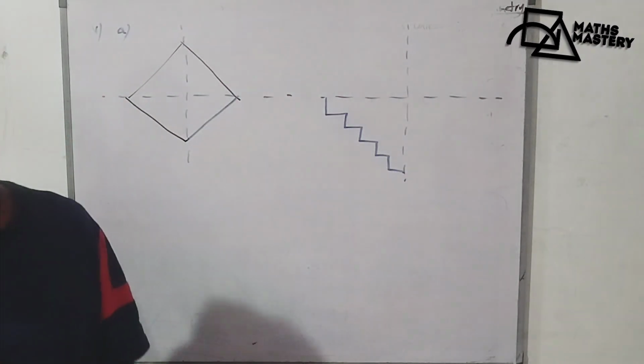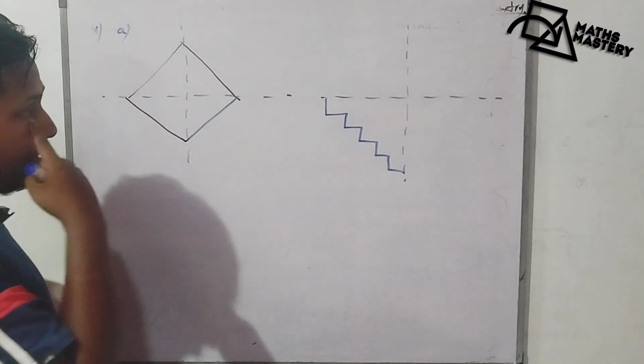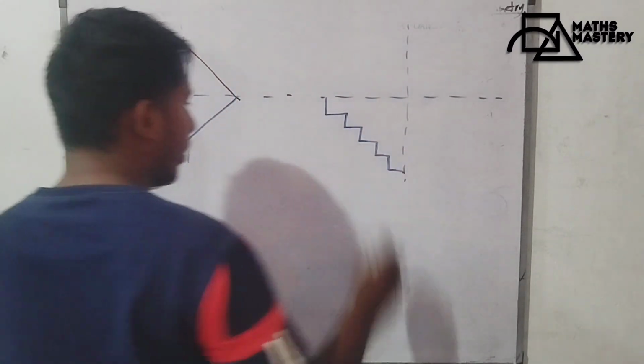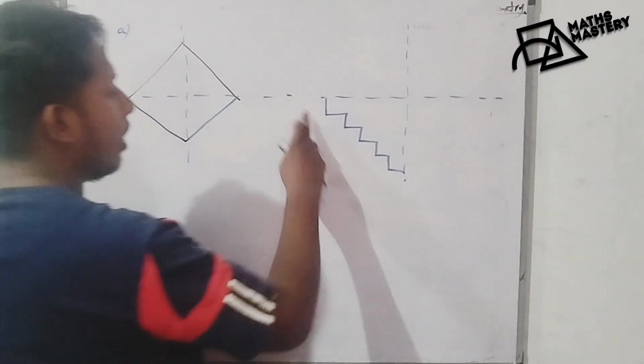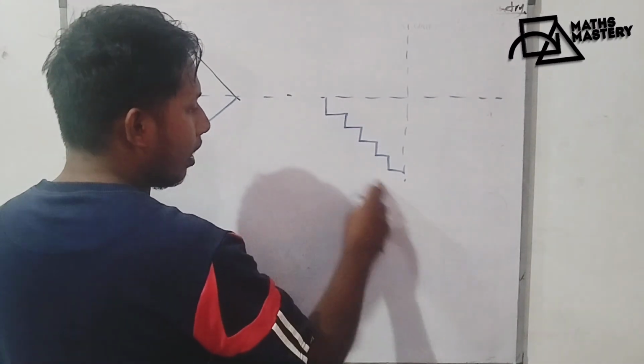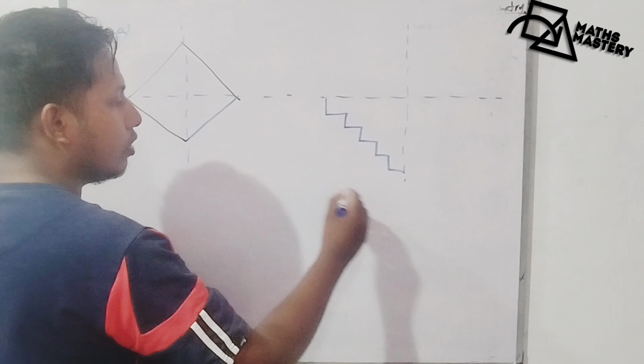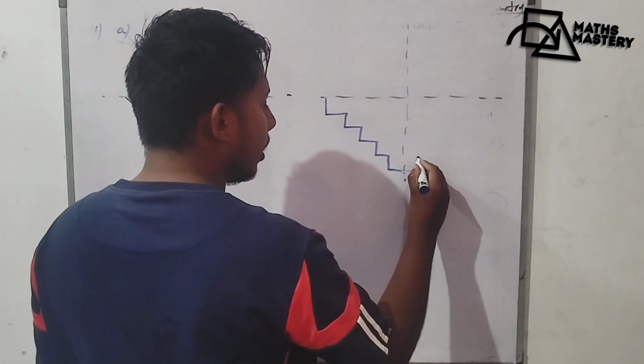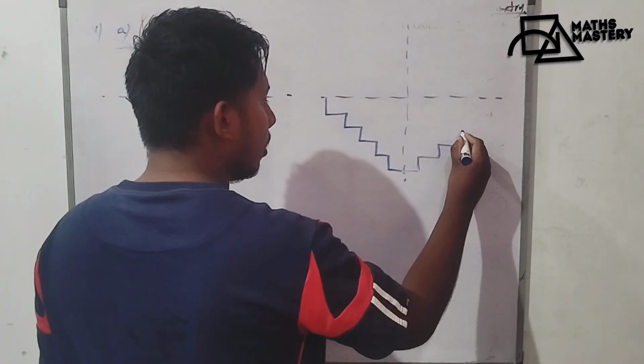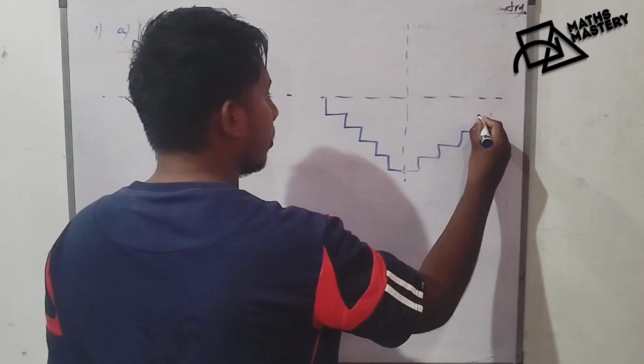Okay, so this is a figure that they have given, and these are the two axes of symmetry of the figure. Same way, like they have given in this figure, make sure you draw the same pattern to this side also.